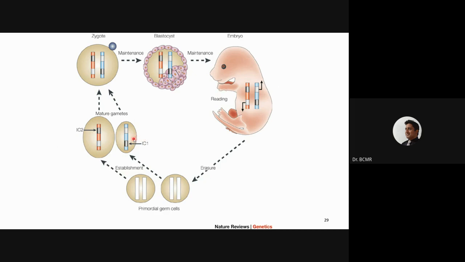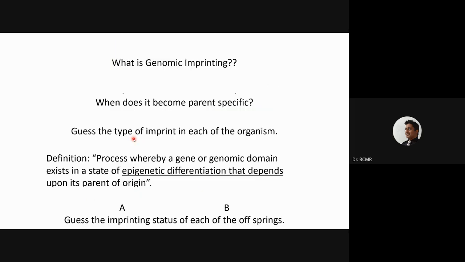We will also see multiple other figures, hoping eventually to understand it better. So if you understood half of genomic imprinting in this class, that is good enough. So we'll try to go by.